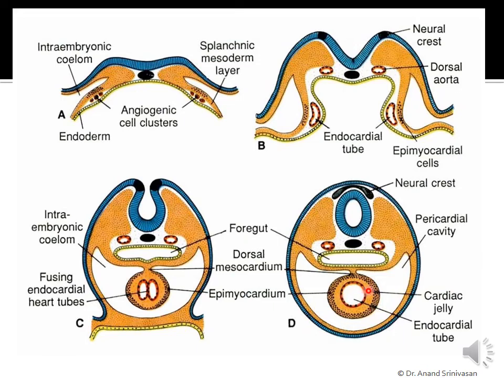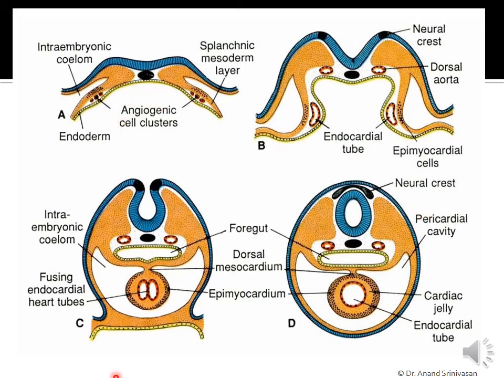The cardiac jelly comes from the extracellular matrix, and the outermost layer gets modified to form the epicardium. So the epicardium is formed from the outermost layer.